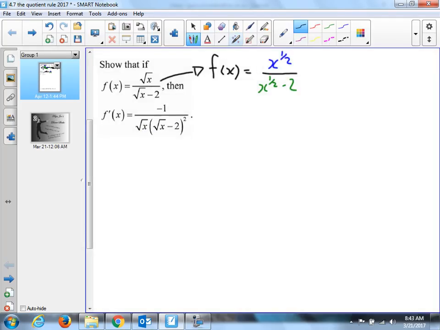So let's do our derivative. We'll use f prime notation. Shouldn't matter what notation we use. Now, if you recall the rule, it's at the top of your page. Derivative of the top, leave the bottom alone. So that's 1/2 x to the negative 1/2. The bottom is left alone.